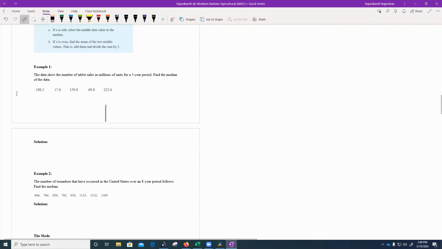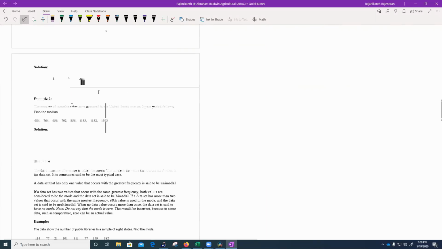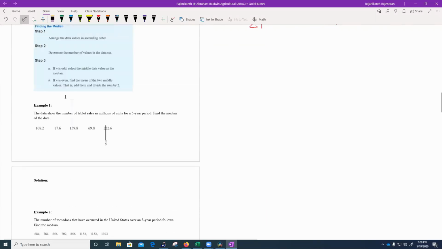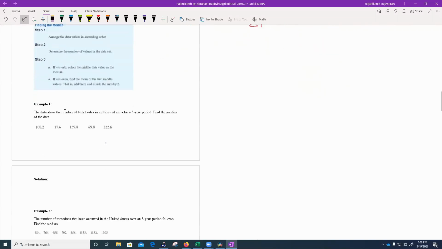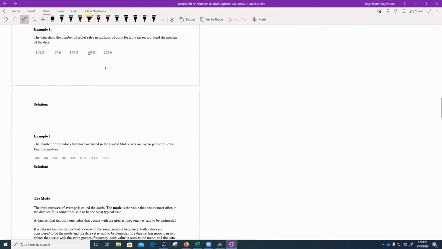The data show the number of tablet sales in millions of units for a 5-year period. Find the median of the data set. Remember I told you earlier, you need to first rearrange the data set. So I'm rearranging this data set in ascending order, from the smallest to the largest. The smallest value is of course 17.6.